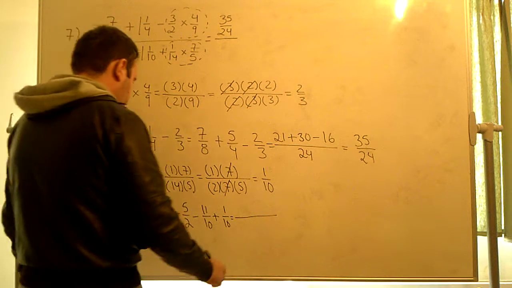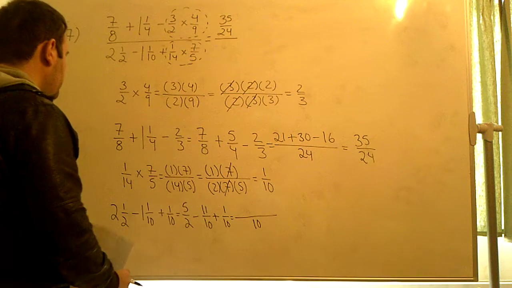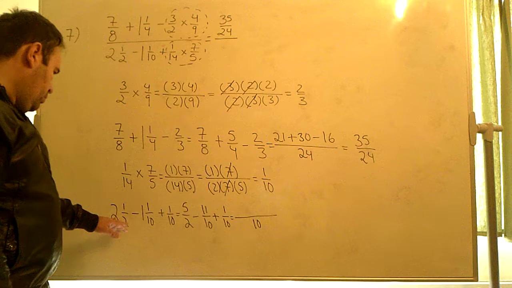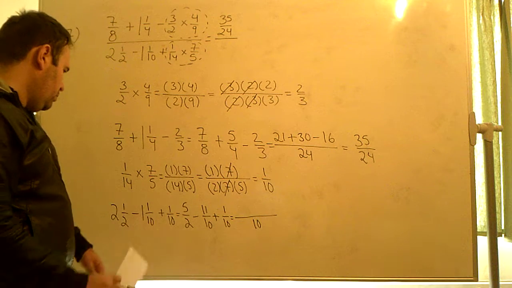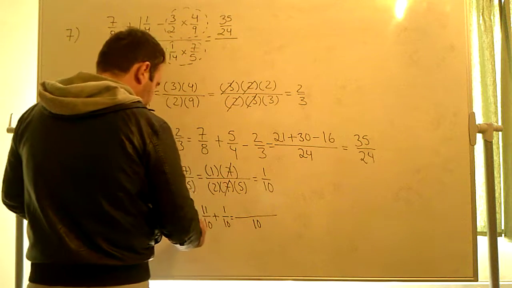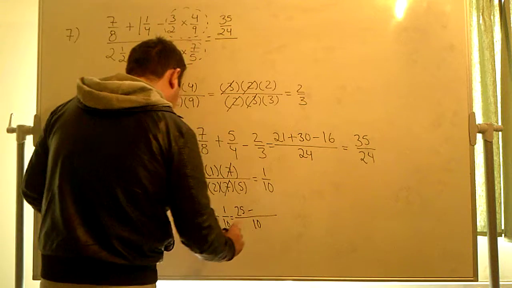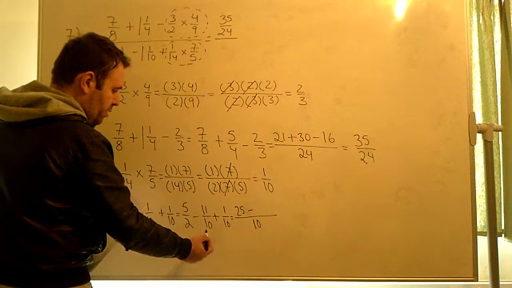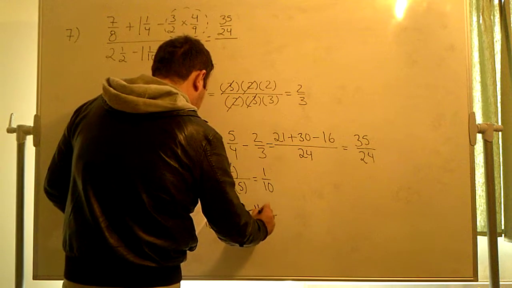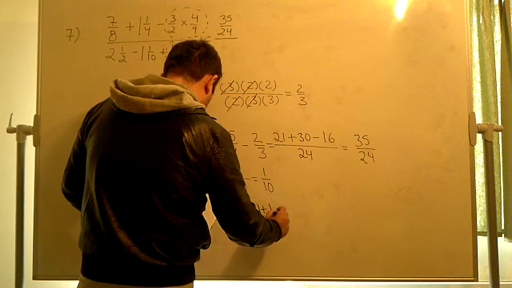So the least common multiple would be 10 here. So 10 divided by 2 is 5 times 5, 25 minus 10 divided by 10 is 1 times 11, 11, plus 10 divided by 10 is 1 times 1, 1.